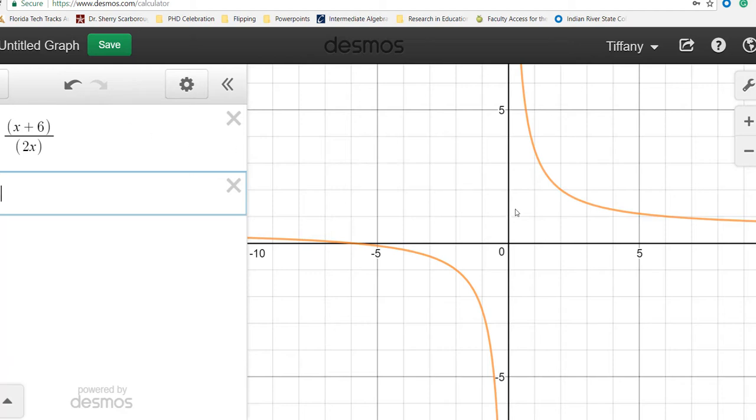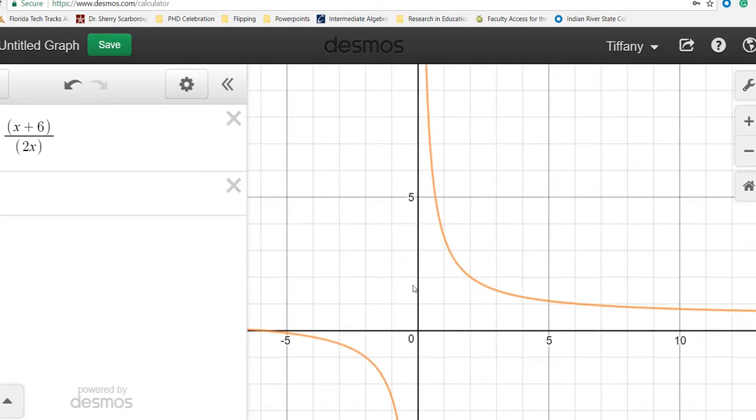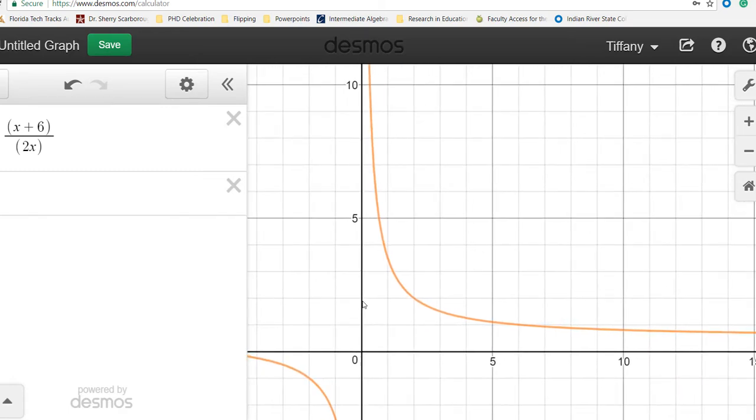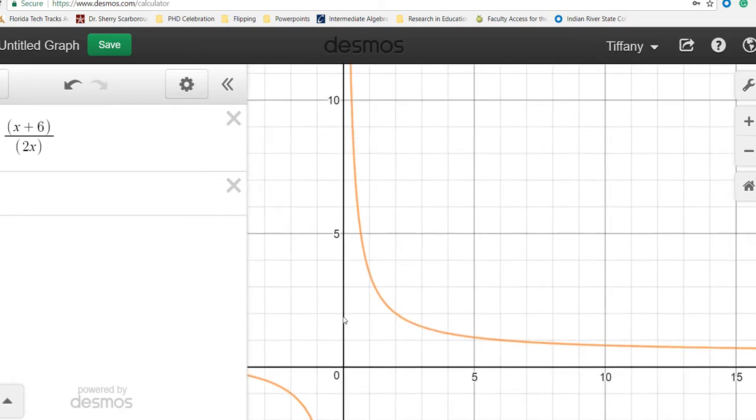All right, so it says look at the first 10, meaning positive 1 through 10, so we're looking at the first quadrant.